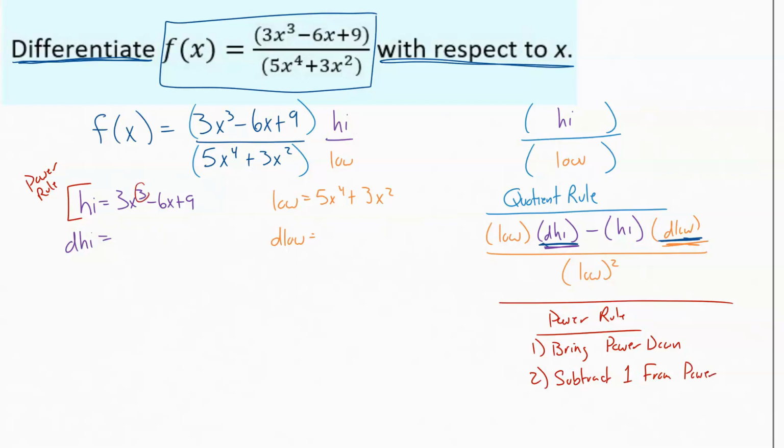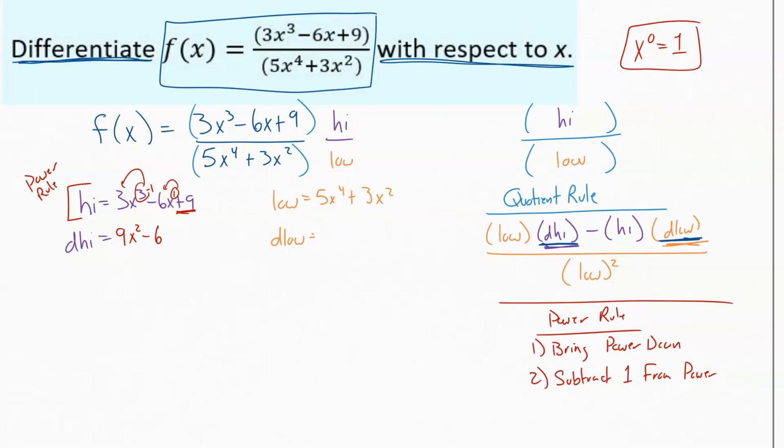So applying that here, I bring the power down. 3 times 3 gets me 9x. Subtract 1 from the power gets me x squared. Moving on to the next piece, there's that unwritten 1 on that x, so I bring that 1 down. 1 times negative 6 gets us negative 6, and then we end up with x to the 0, and as you probably know, anything to the 0 power is always 1, so we don't need 6 times 1. And then the derivative of 9, the derivative of a constant, is 0. It goes away.